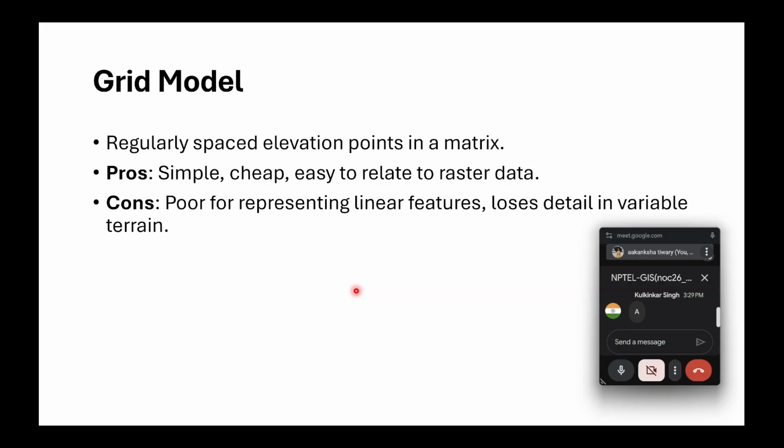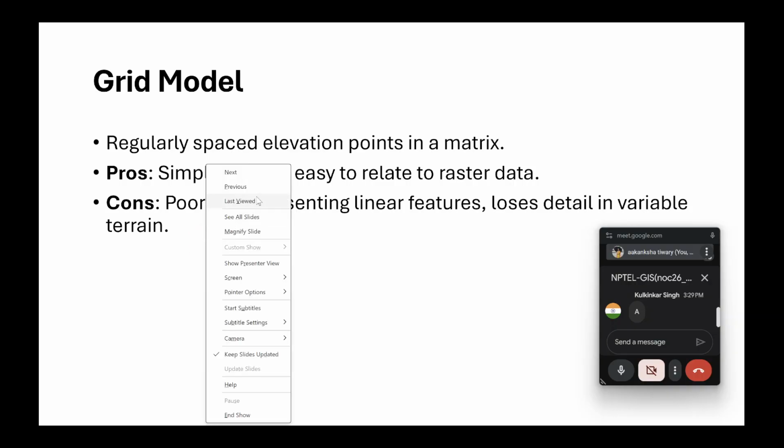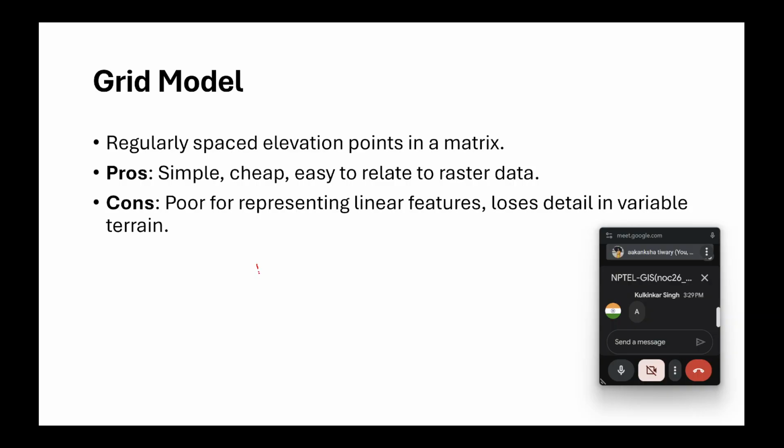So the grid model is another model. It has regularly spaced elevation points in a matrix. In this, what happens?